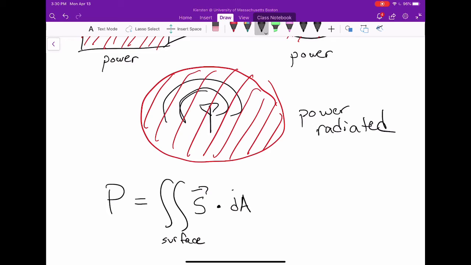I'm going to use dA instead of dS because I don't want to confuse the Poynting vector with the surface normal differential element. So this one is the Poynting vector. That's the differential surface element. And that's what the Poynting vector does.